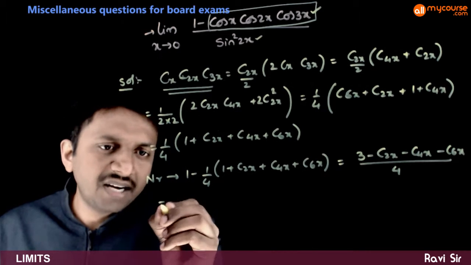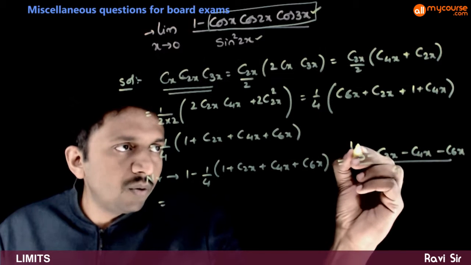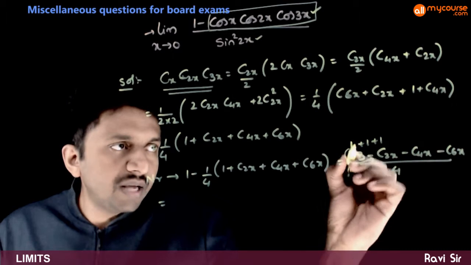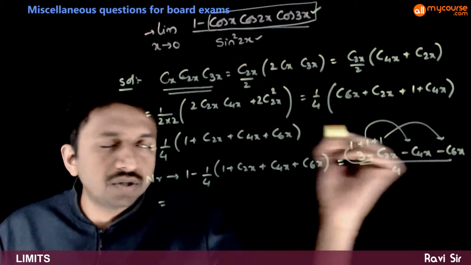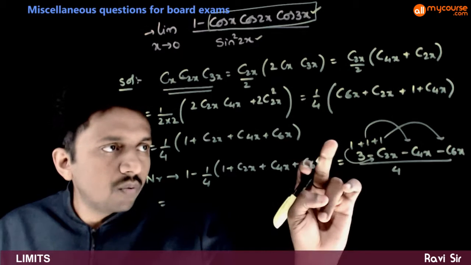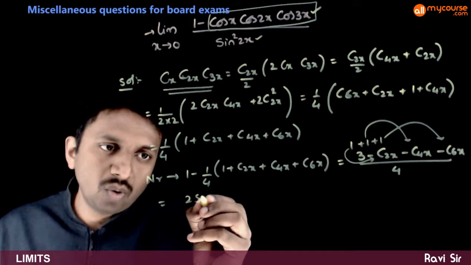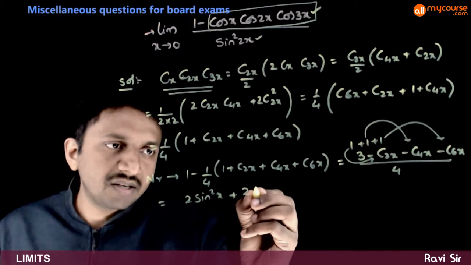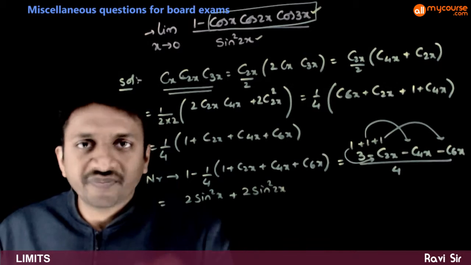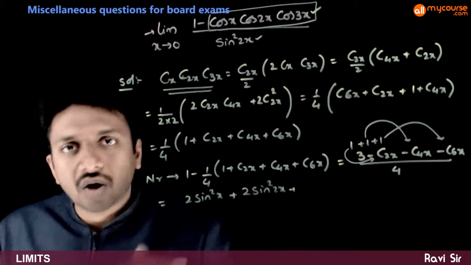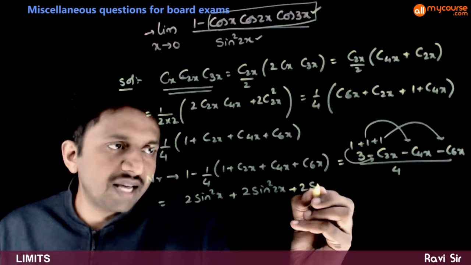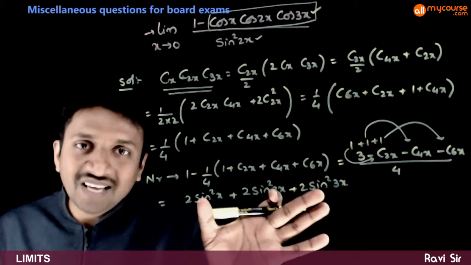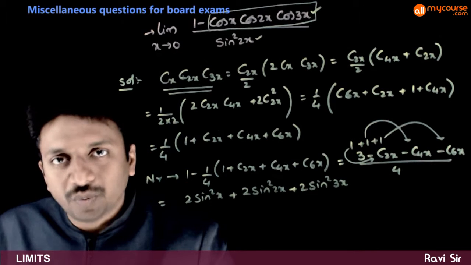If you simplify it, this 3 can be divided into 1 plus 1 plus 1. And 1 goes to cos 2x, the other one goes to cos 4x, the other one goes to cos 6x. So 1 minus cos 2x is 2 sine square x, plus 1 minus cos 4x is 2 sine square 2x, plus 1 minus cos 6x is 2 sine square 3x.